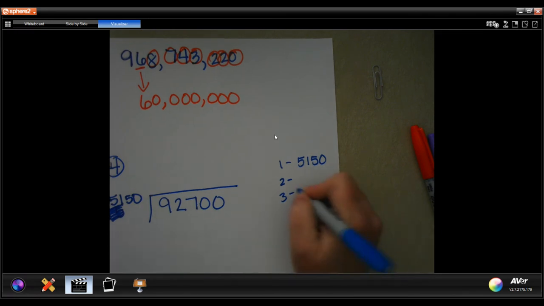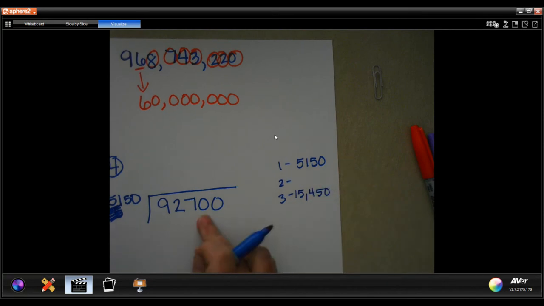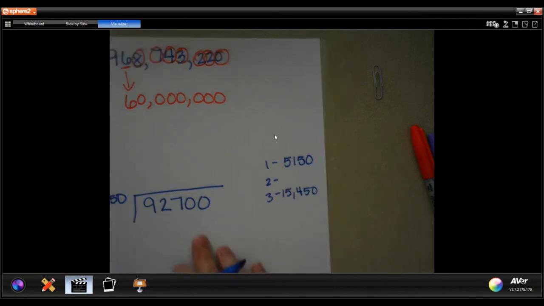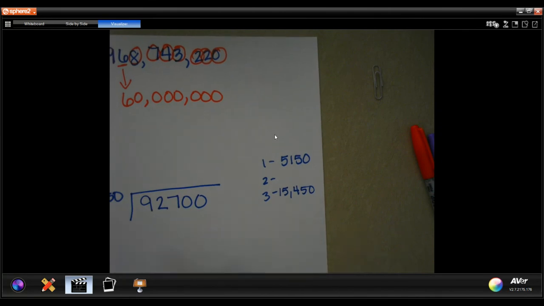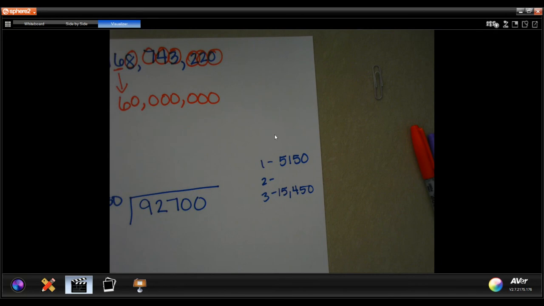So that's 15,450, but I need to get to over 92,000. So I need to get all the way up to 92,000, okay? So I'm going to skip down. I'm going to do 5,150, and I'm going to multiply that by 5.